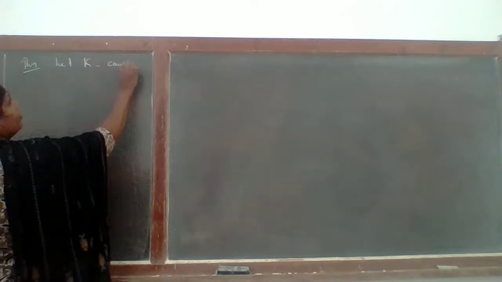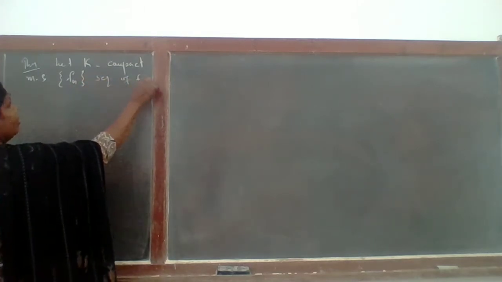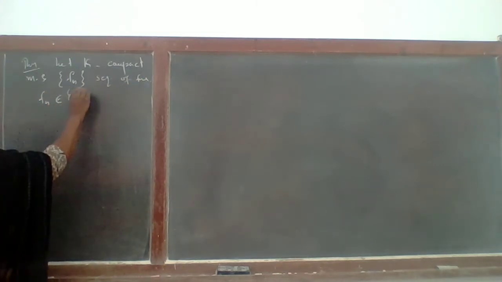Let K be a compact metric space. F_n is a sequence of functions in C(K).